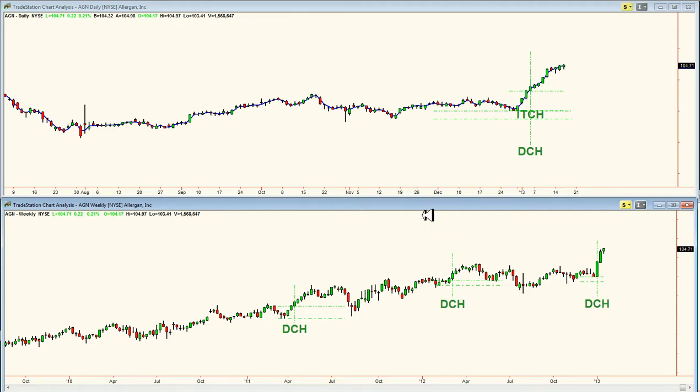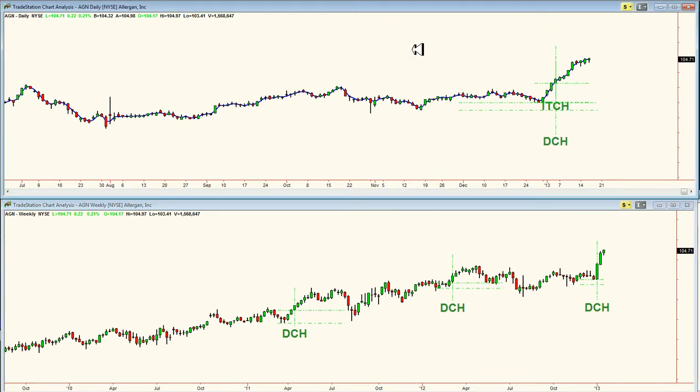And you can see that with AGN. We had a long consolidation for months. You can see that on the weekly chart as well. We had a few other DCHs here that fired, and you can see the DCH that fires on the weekly and the itch on the daily at the same time to give us another high possibility trade, a continuation of the bullish trend. Let's take a look at another.